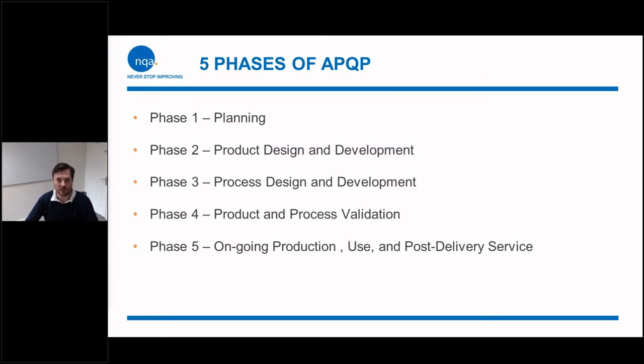Phase 4 is product and process validation, which is basically the manufacturing element of it, and checking that what you've made is correct. And then the ongoing production, use, post-delivery, so it's the after-service things. The PPAP element, which some organisations would have heard of and possibly been asked to do, comes in phases 2, 3, and 4. Okay.